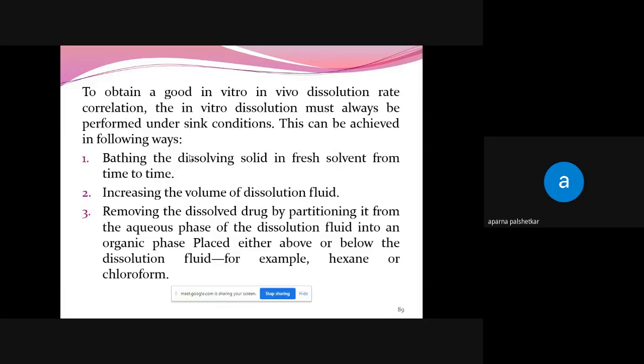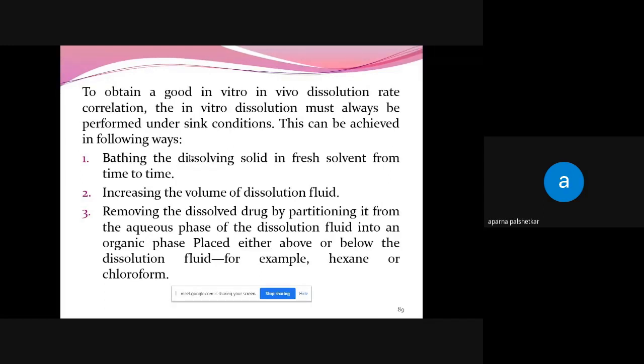Then we can also do one thing, that you can take up the drug, okay? Then what we do is we carry out partitioning, like the octanol-water system, which we use in analysis. So you have an aqueous layer, you have an organic layer, you put your aliquot into it and you shake it. The drug goes wherever its solubility is, and that we need to separate out to find where the drug has actually gone.